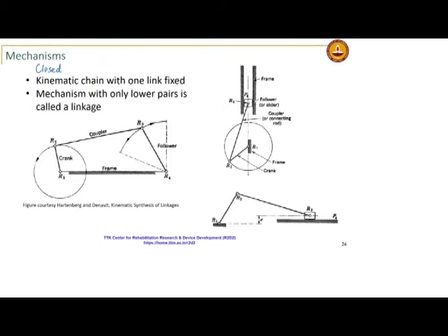So, in a 4 bar mechanism, which is one of the most common mechanisms we will encounter, the fixed link is called the frame, and your input is typically called the crank. The crank can sometimes be used to refer to a link that can make a complete revolution, or sometimes it is used to refer to the input link as well, whether or not it can make a complete revolution. The output is usually called the follower.